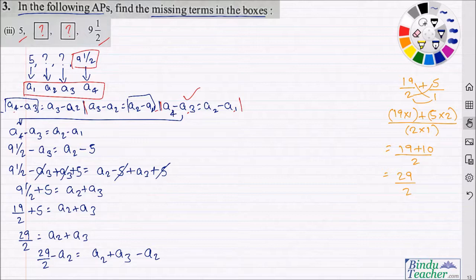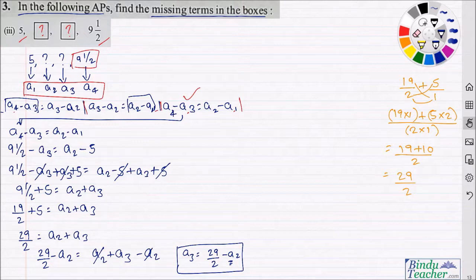So now plus A2 and minus A2 cancel out each other. We are left with A3 equals 29 by 2 minus A2. So this is the value that we have got for A3, but still this is not the final answer because we still have the reference of A2.